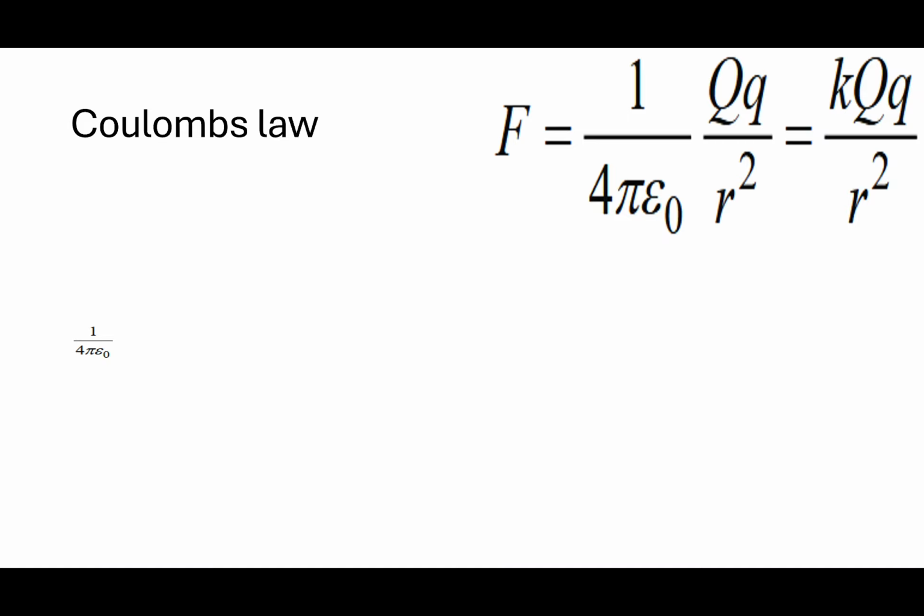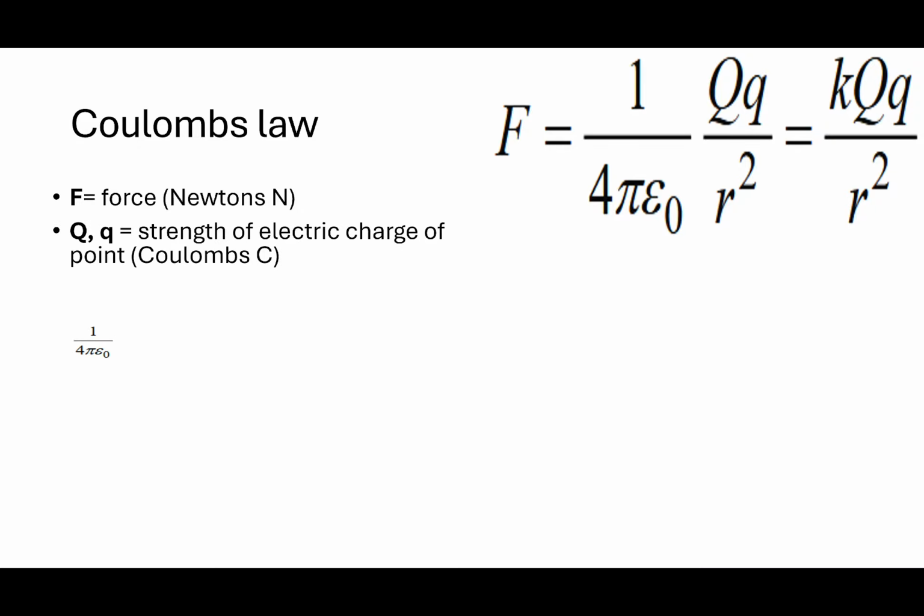Okay. So Coulomb's law, for those of you who can hear the audio, is a law about force and charge. So all the letters mean: F is force, in Newtons. We all know what force is, at least I hope you do. Big Q and small q are the strength of the electric charge of a particle or a point.